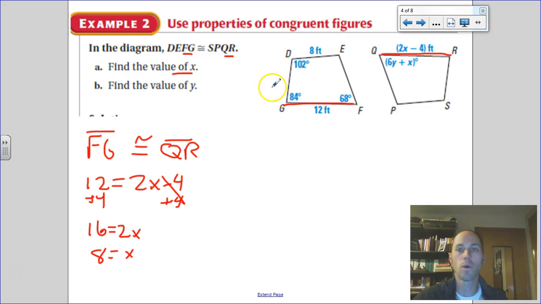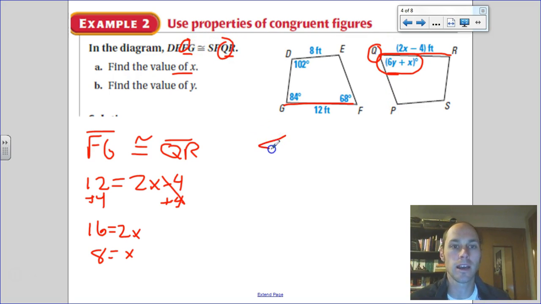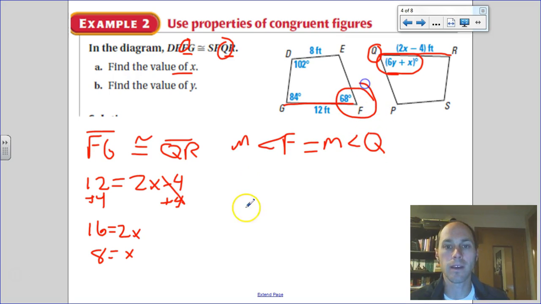Now let's find the value of y. Y is in 6y plus x, that angle, angle Q. Angle Q, I know, is the same as angle F. So measure of angle F is equal to measure of angle Q. Find F. F is 68 degrees. And that's equal to 6y plus x.